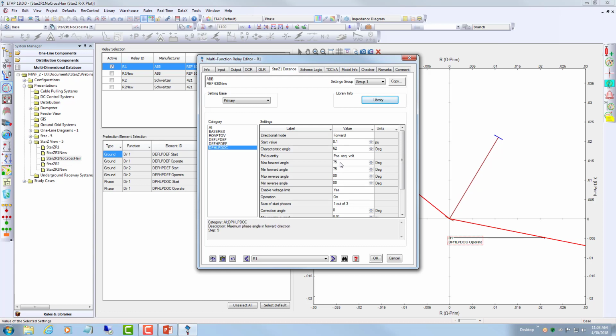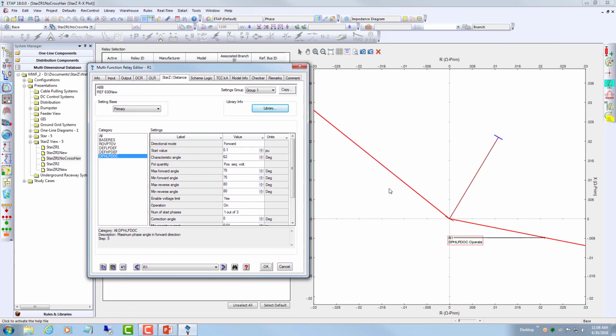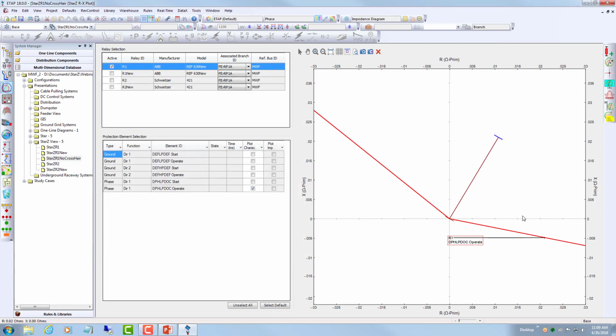For this relay, the maximum forward angle is 75 degree, which means this side is going to go up to 137 and the other side is 80. So it would be 62 minus 80, which is minus 18 degrees. So I have minus 18 degree here and about 38 degree here.